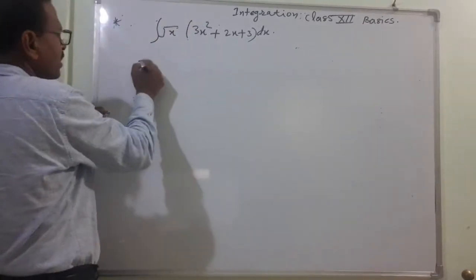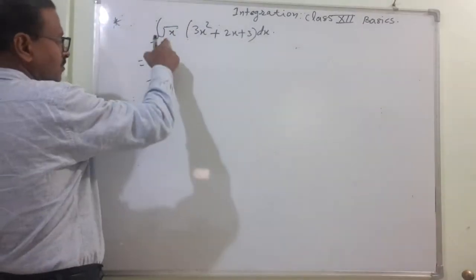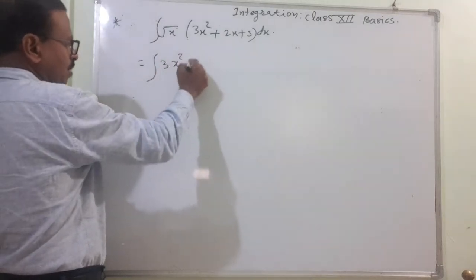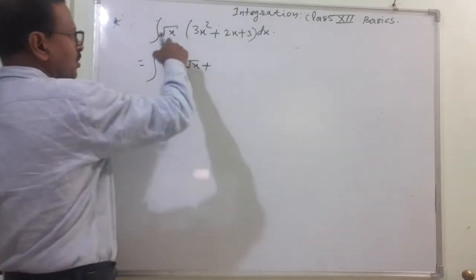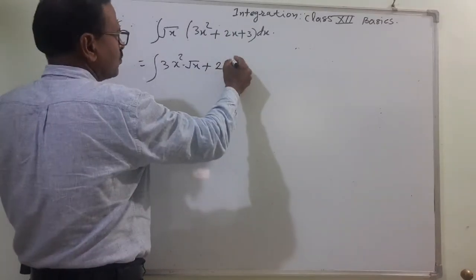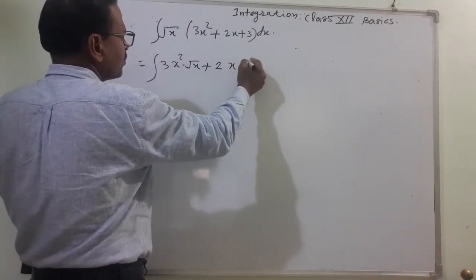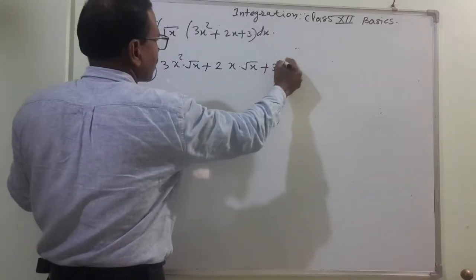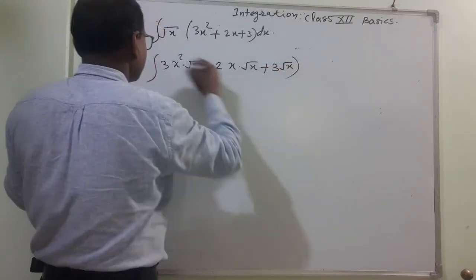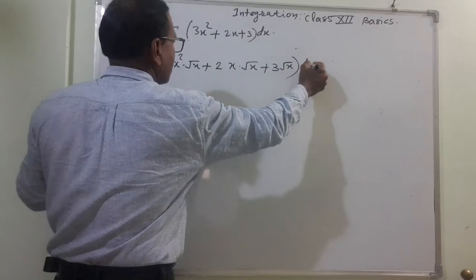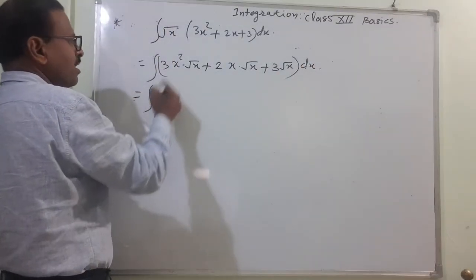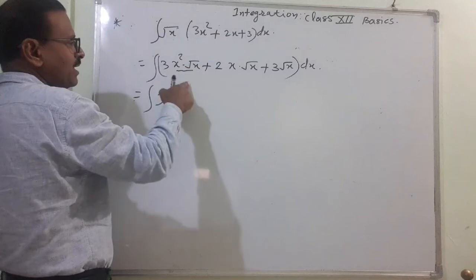That is nothing but integration of 3 into x raised to 2 into root of x, plus 2 into x into root of x, plus 3 root x dx.